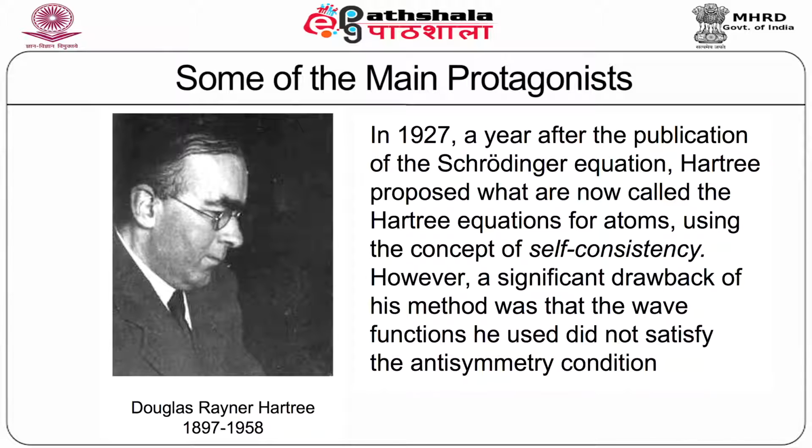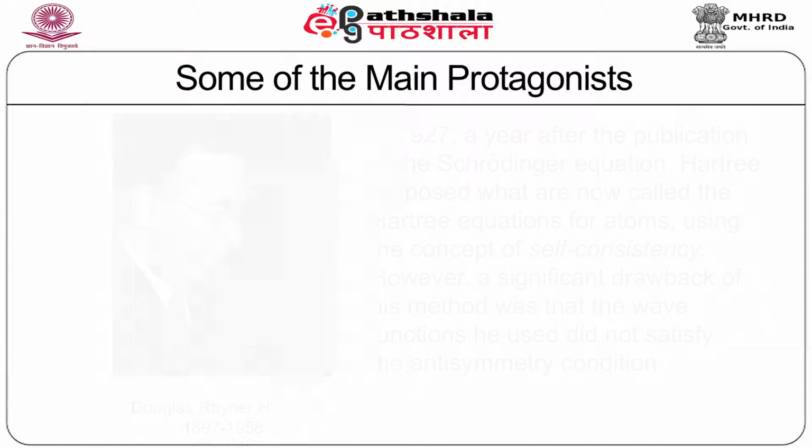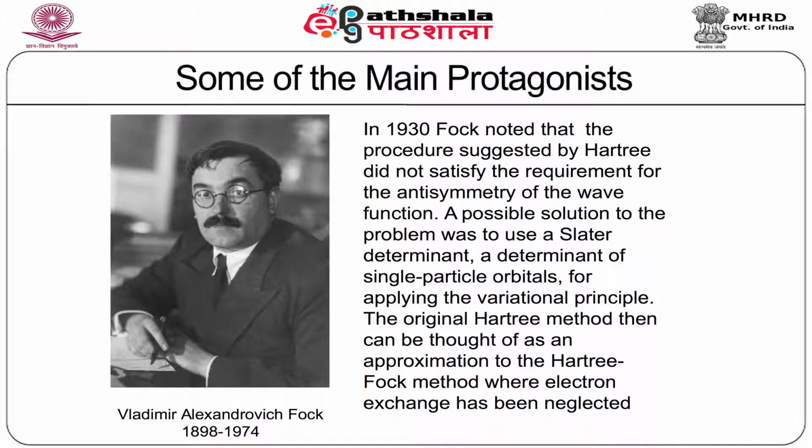But a significant drawback of his method was that the wave functions he used did not satisfy the antisymmetric condition. It was a Soviet physicist, Vladimir Alexandrovich Fock, who in 1930 noted that the procedure suggested by Hartree did not satisfy the requirement for the antisymmetry of the wave function.